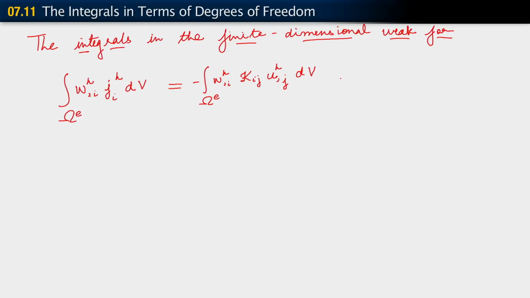Okay, so we have this, and now essentially what we are going to do is use what we've just discovered about writing out the gradients of WH and UH, right? Okay, so over element E, this lets us write it out as integral over omega E, right, of WH comma I we will write as sum over A. I'm not going to write the limits on A, right?